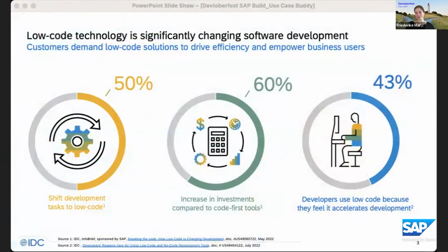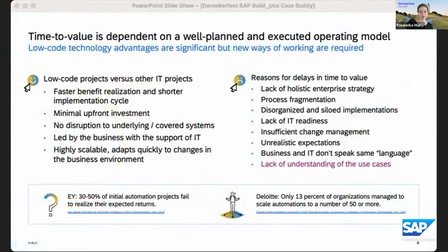So it's clear. The market agrees that low-code is not only here to stay, but it has made significant inroads in most competitive organizations. Let's look at some of the benefits and challenges that have been experienced so far by organizations who implement low-code programs.